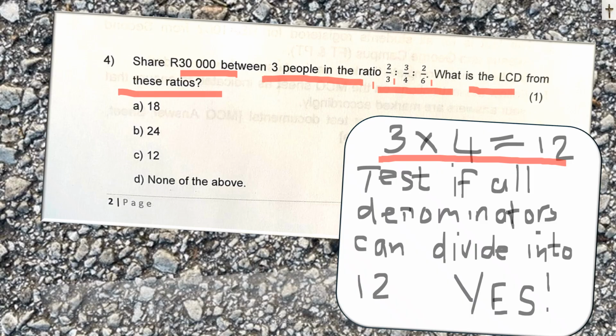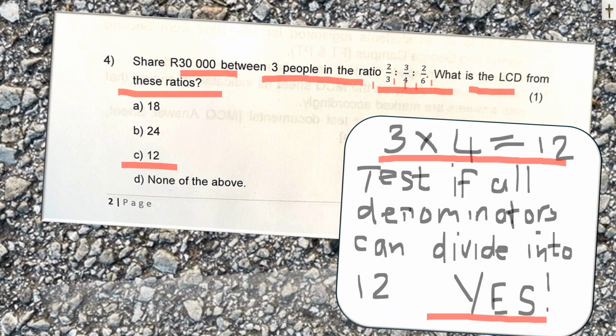Then we test if 3, 4, and 6 can divide into 12. 3 goes into 12 4 times, 4 goes into 12 3 times, and 6 goes into 12 twice. So all those denominators can divide into 12, and therefore the lowest common denominator is 12.